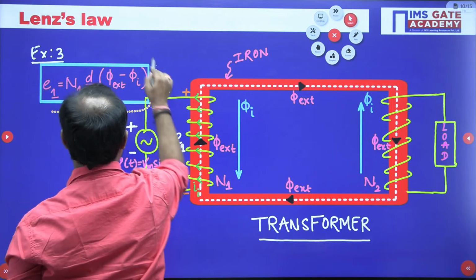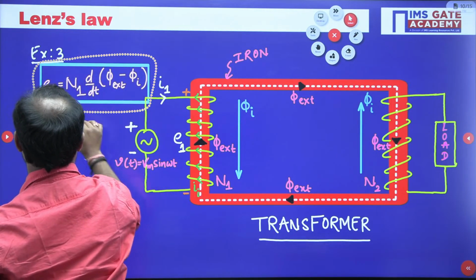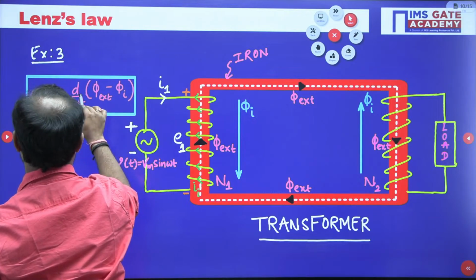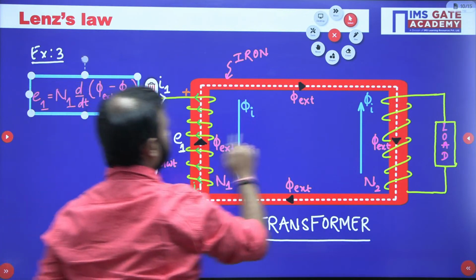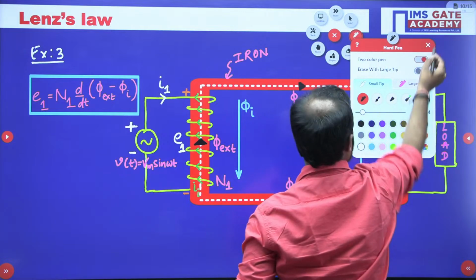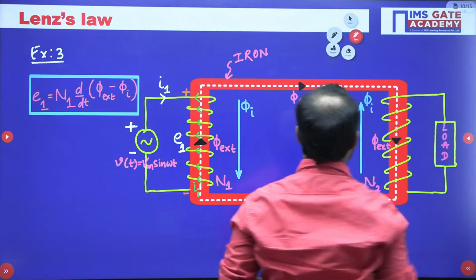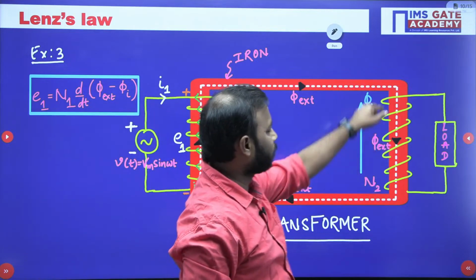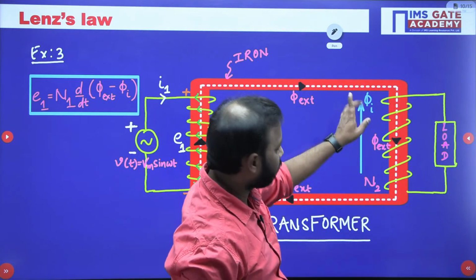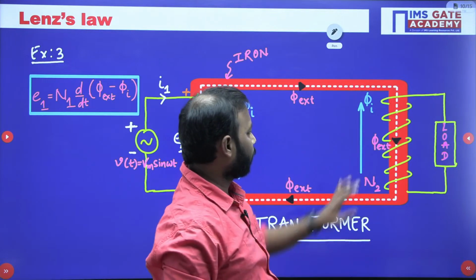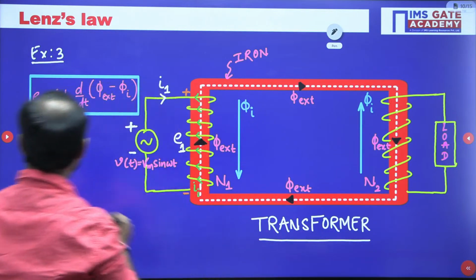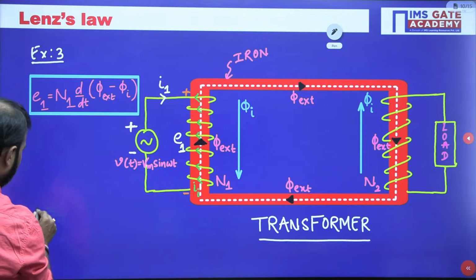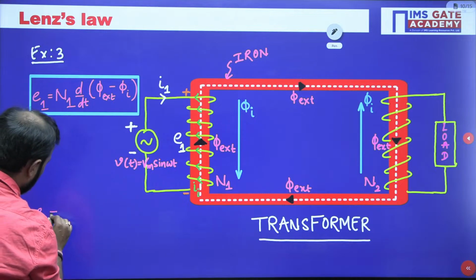Okay, just a second. So this is your E1 value. Now come to E2. देखो, so phi external is downward, so therefore phi induced has to be upward. Then what will the EMF be? Let me write E2 here.